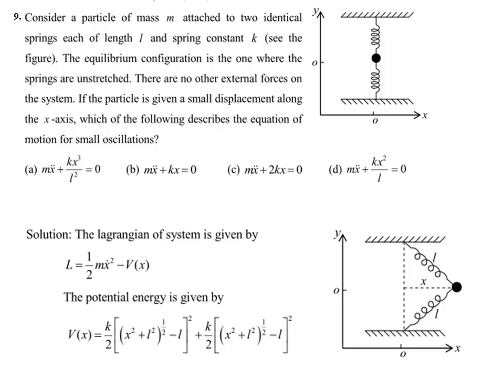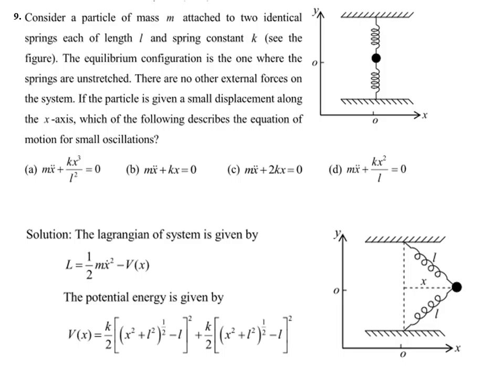Now I have redrawn the diagram, and it is very clear that the elongation for the first spring is root of x square plus L square, minus L, by Pythagoras theorem.